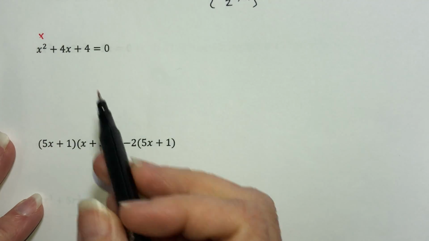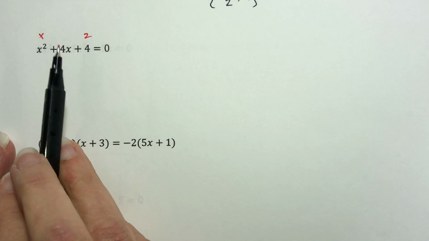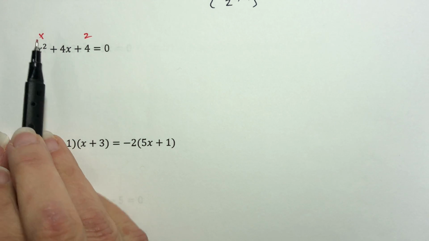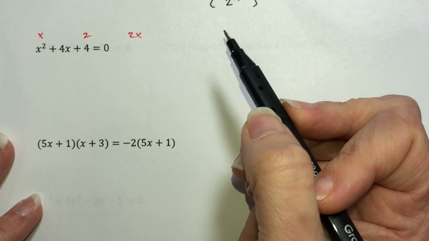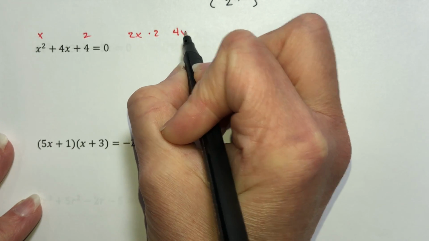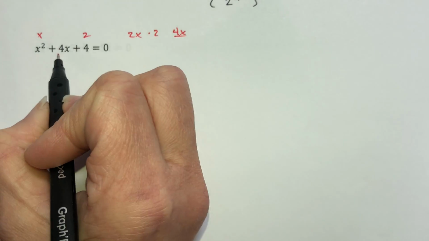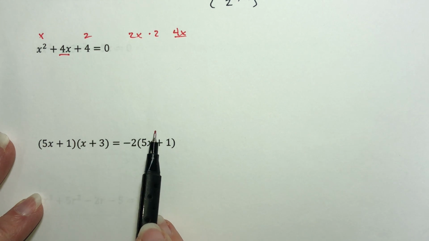The square root of x squared would be x. The square root of 4 is 2. And then we need to check the middle term to see if it works out. We multiply these together to get 2x, and then you double that. So I multiply this by 2, and I get 4x. Is 4x 4x? Yes. So this is a perfect square trinomial.